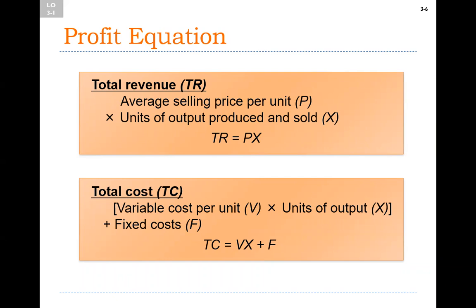So we're really focused on separating costs, or identifying costs by behavior, variable versus fixed. So our two components are our variable costs and our fixed costs. For our variable costs, it's a little more work. We have to take that variable cost per unit and then multiply it times the number of units that we sold. And then for fixed costs, we'll add that in to our variable costs to get our total cost.